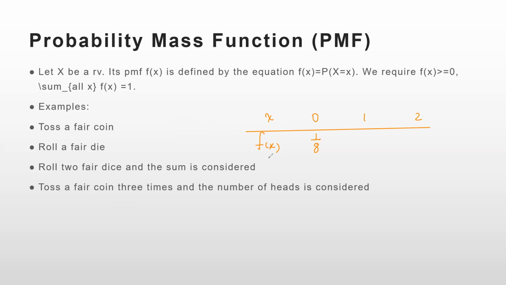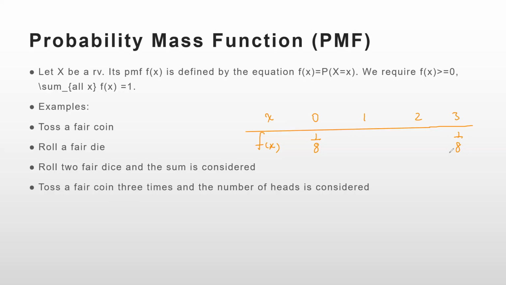We're assuming all these tosses are independent of each other. So you have tail, tail, tail, so half times half times half. And similarly, if you have 3 heads, half, half, half.